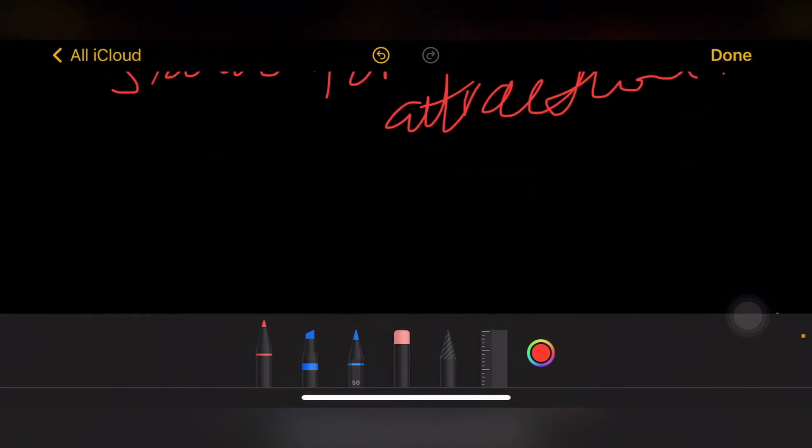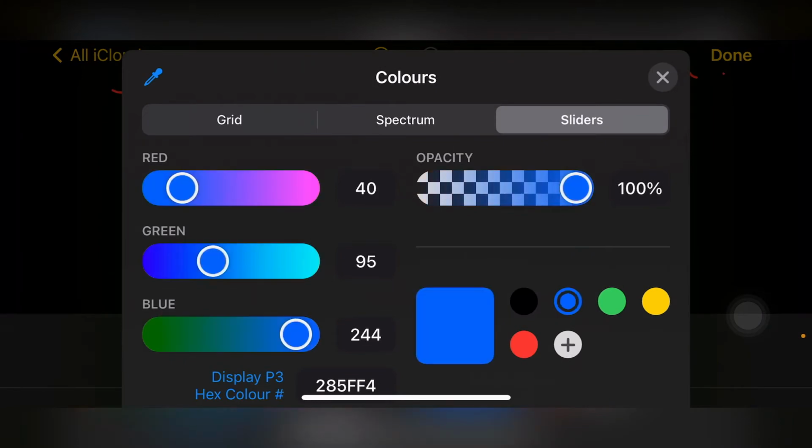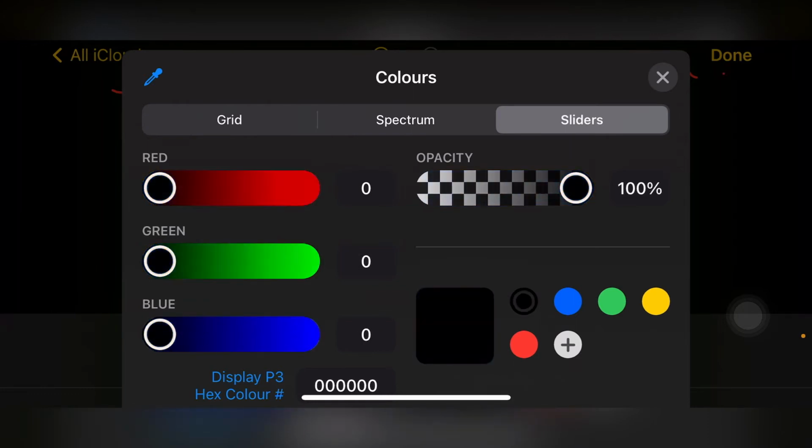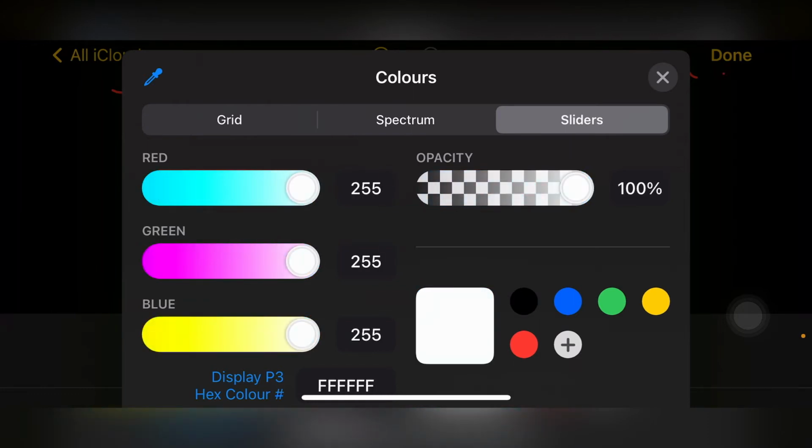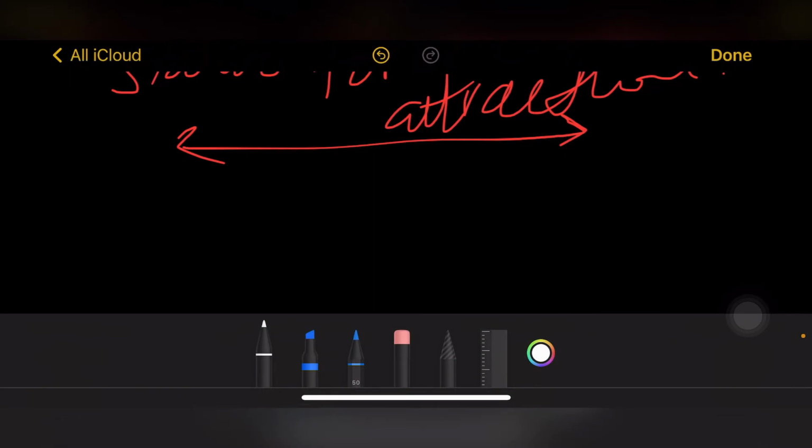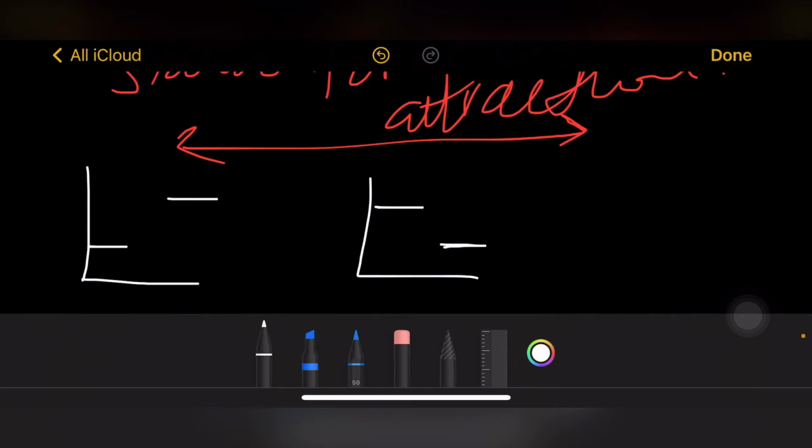So basically, whenever a reaction is started, let me change the pen's color. Don't we have white? Nope. Now when there's a reaction, there are two types of reaction, endothermic and exothermic.